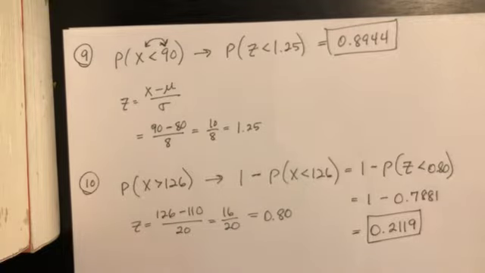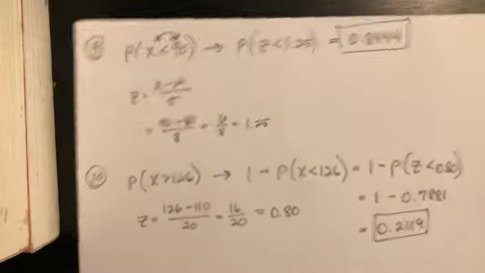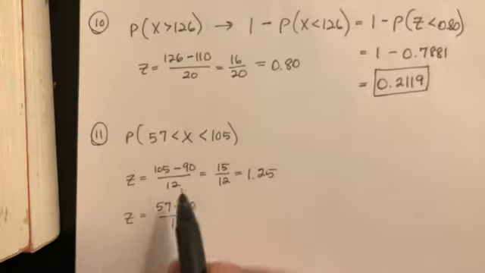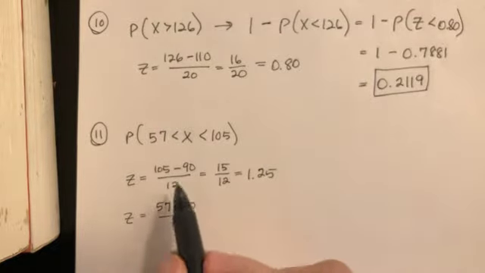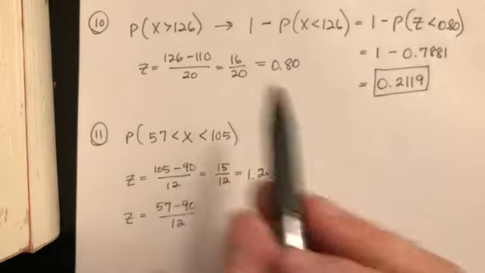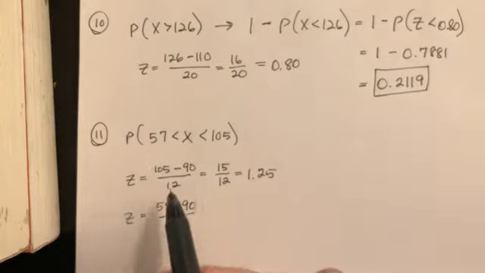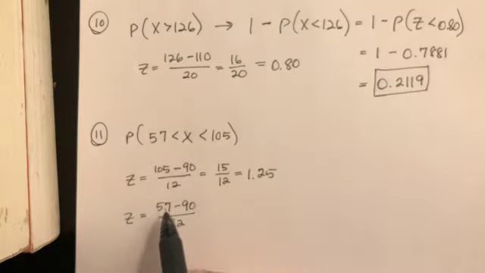Okay. Second z-score is for 57. So we start with 57 minus 90, and that's all over 12. So the same mu, same sigma, but the number changed. Now, here's the thing. When we subtract, so far we've always had positive answers. But in this case, because 57 is smaller than the mean, we're going to have a negative.